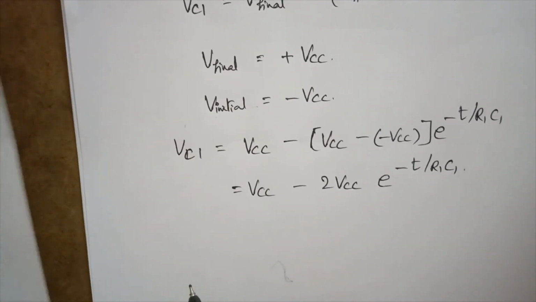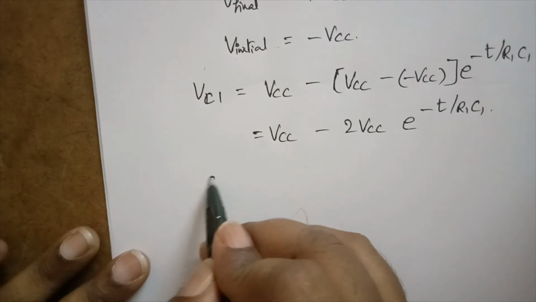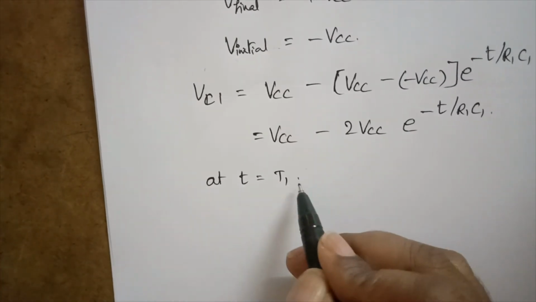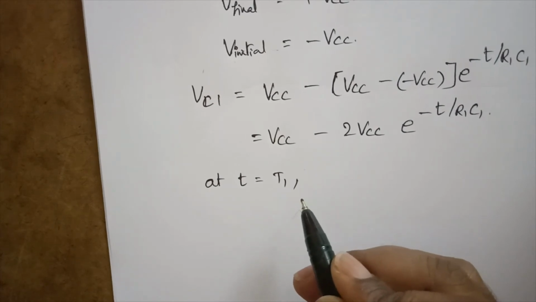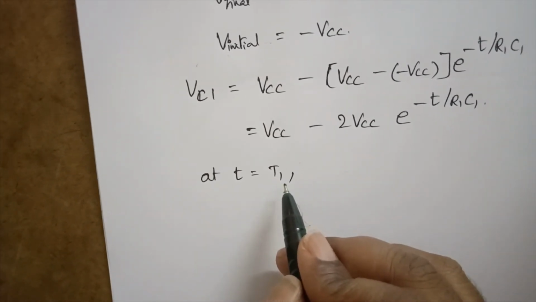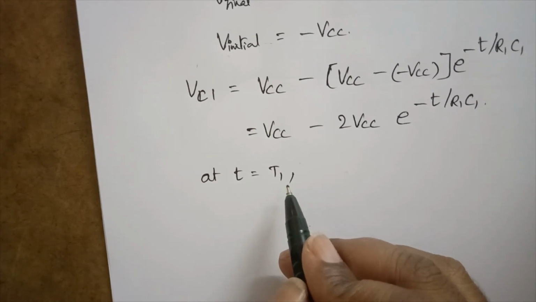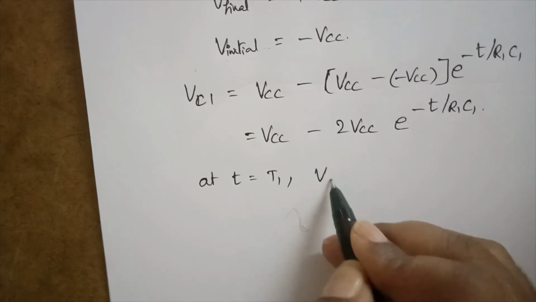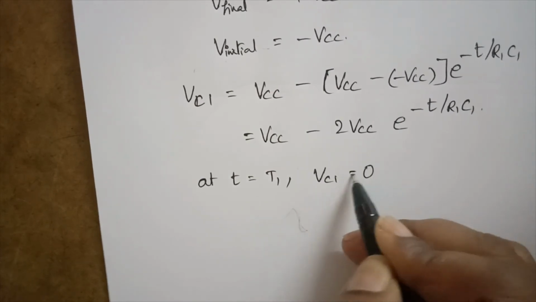Okay. Now at t is equal to T1. So at t is equal to T1, what happened? At a particular instant, the capacitor does not change its value. So VC1 becomes 0.